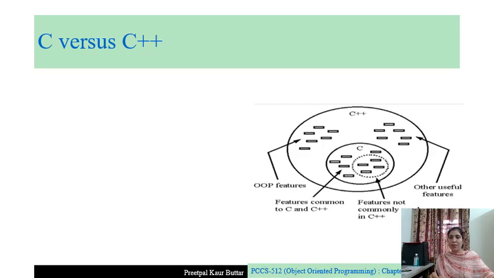So C++ is actually a superset of C. It means C++ has all the features which are there in the C language, but commonly we use only some of the features. Some of the features we do not use, although they can be used. And C++ has also got some other useful features, and it also has object-oriented programming features.